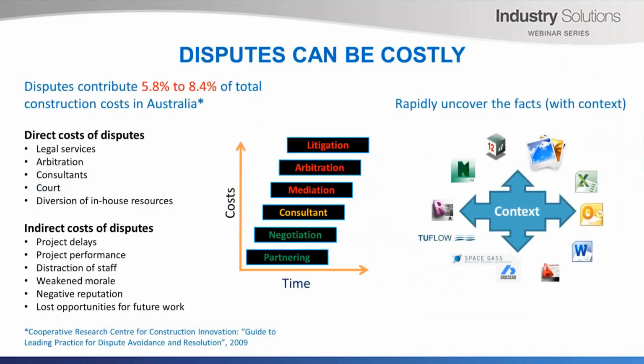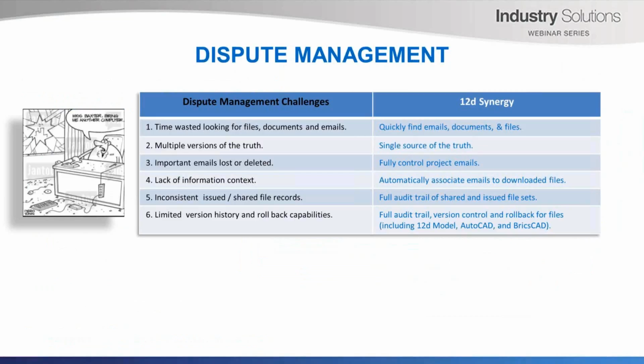That's why when a dispute or accident occurs, it's critical to have all relevant information available as soon as possible. It's also very important to understand the context of that information. In other words, how pieces of information relate to each other. Here are some of the top challenges faced by firms when disputes arise.